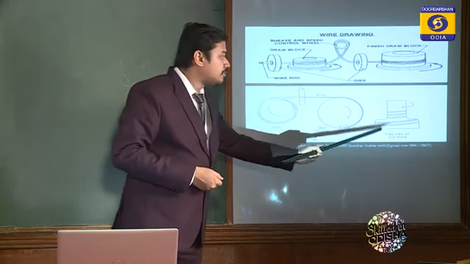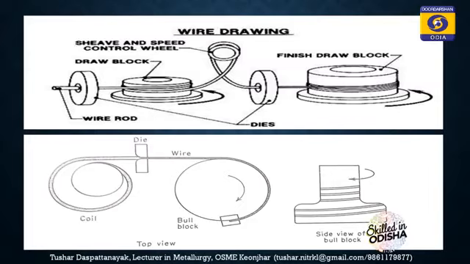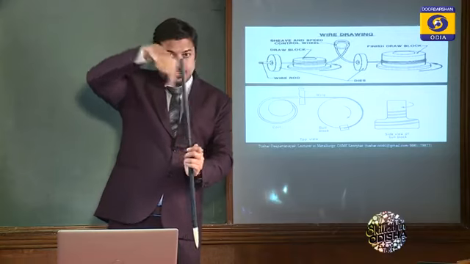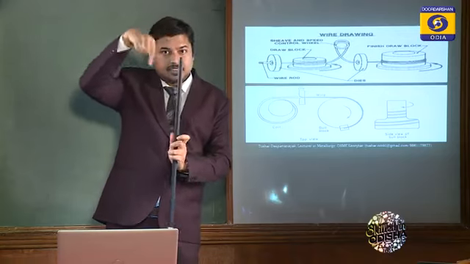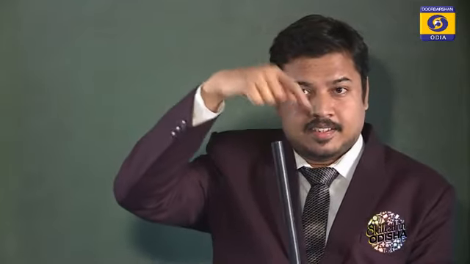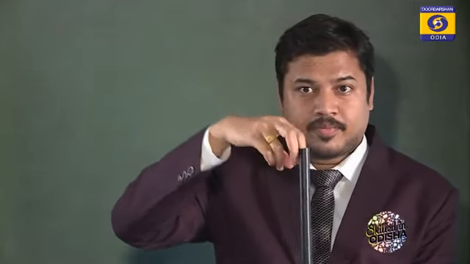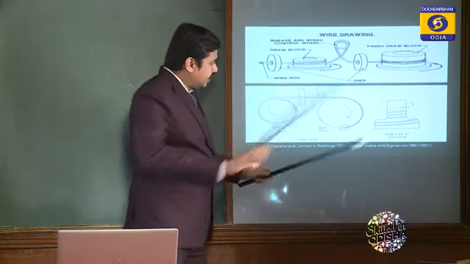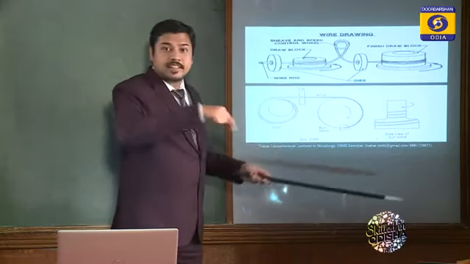This is the side view of it. The coiling, this is rotating. The wire is coiling. You can imagine electrical cable, how it is coiled. Okay. In this way it is coiled.